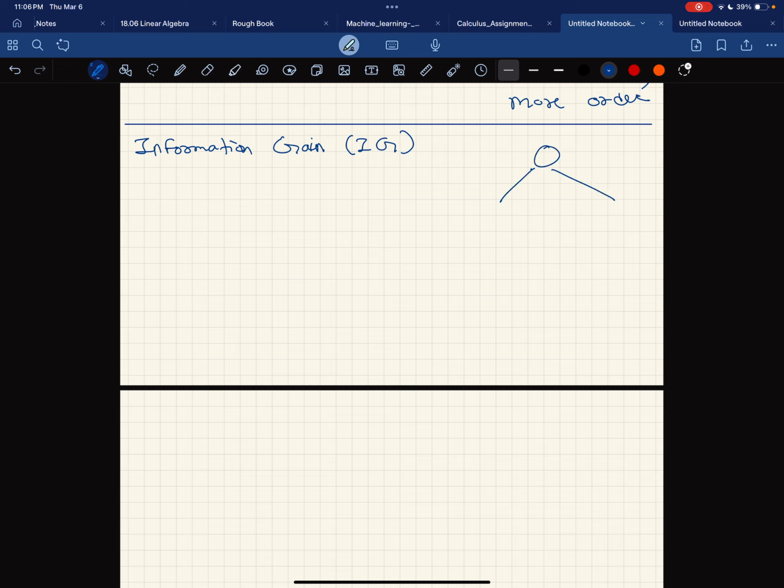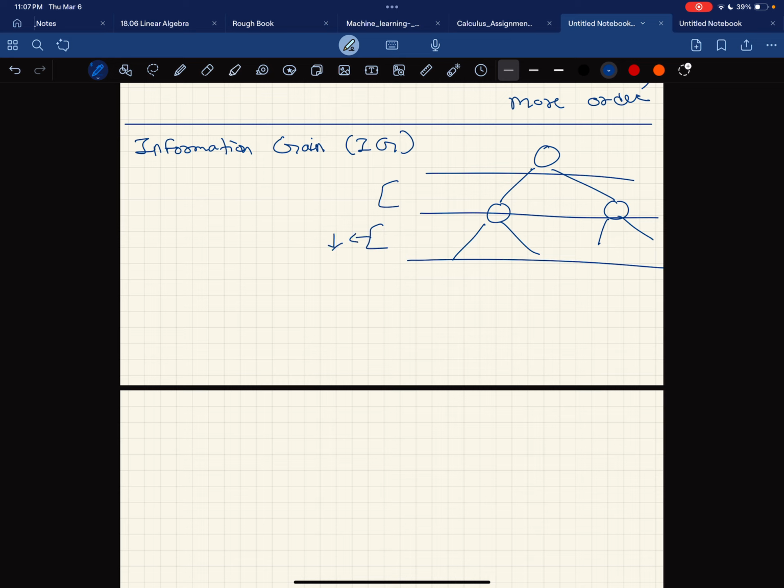If this is a decision tree, what IG does is, at each step it calculates how much entropy is reduced. That's the basic purpose of using IG. IG measures how much entropy is reduced after each split.